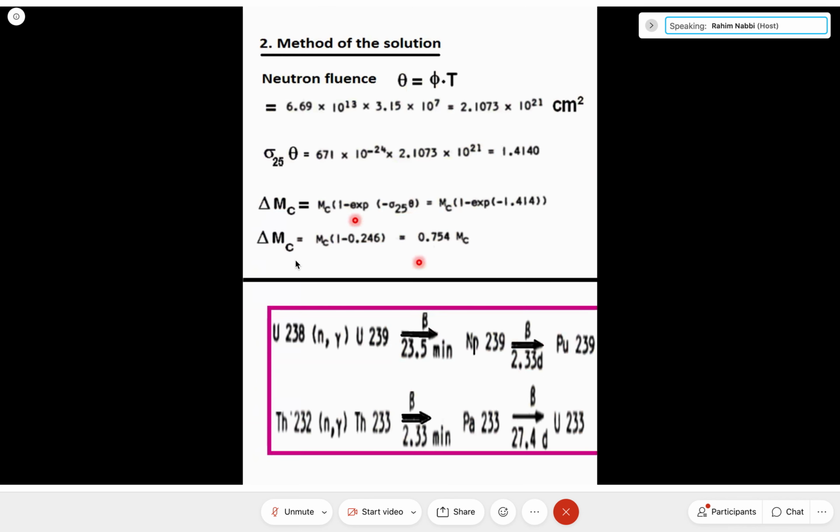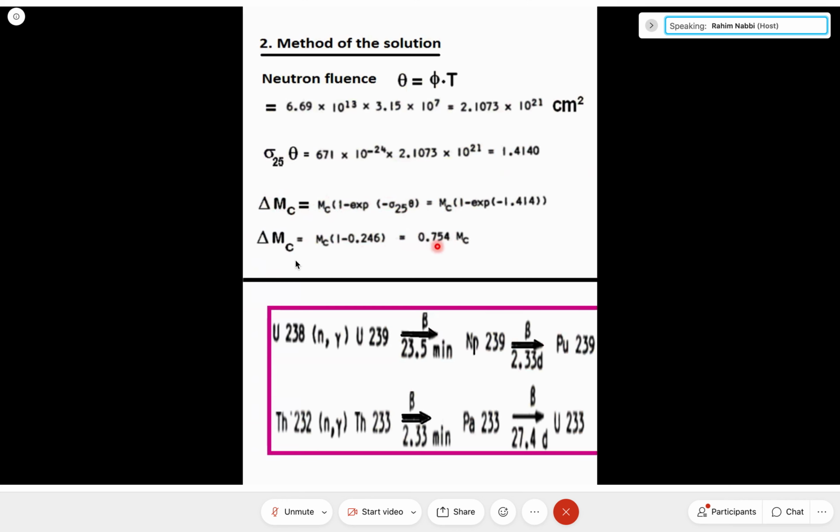For this reason, you see initial mass for the consumption, or consumption amount of the uranium-235 loss due to the absorption. We get here initial mass multiplied by this 1 minus exponential function. You put this number here and calculate it, finally you would get 0.754.